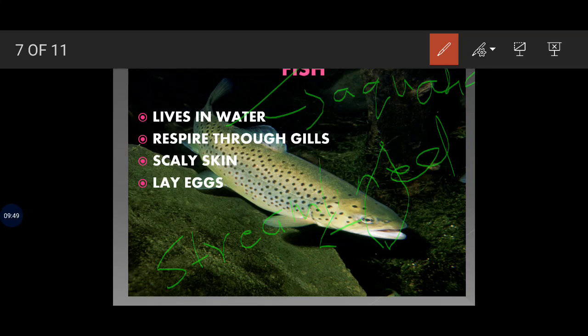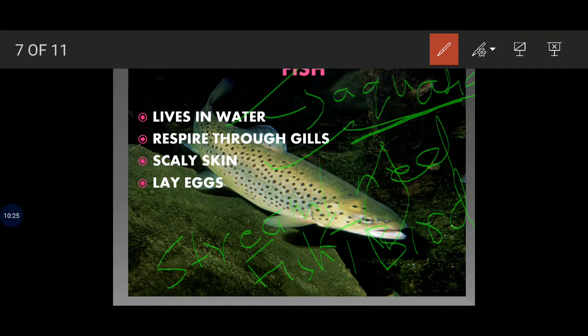This streamlined shape you would observe not only in fish but also in birds. This shape helps them to swim or fly against the water current or with the water current. This type of body shape enables them to move swiftly and softly, and this adaptation is very important, which makes life easier inside the water for fish. And they respire through gills.